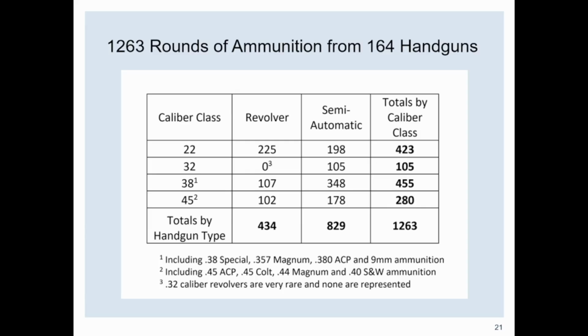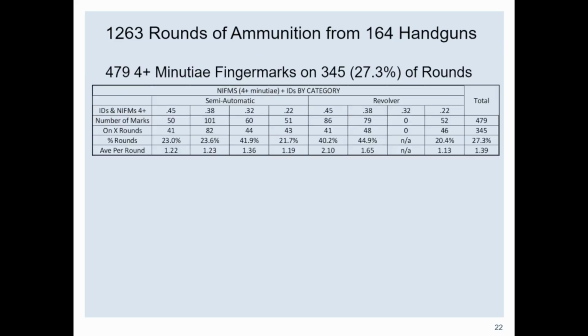We looked at 1,263 rounds of ammunition from 164 handguns. What we have is a series of different caliber classes, revolver versus semi-automatic, and the different classes, as I mentioned before. Of these rounds of ammunition, we found 479 finger marks with 4 or more minutiae on 345 rounds of ammunition.